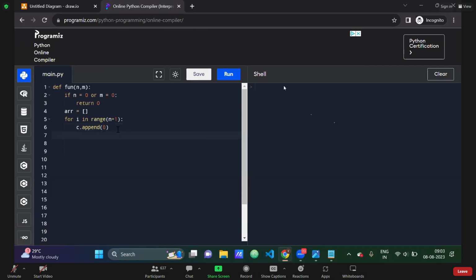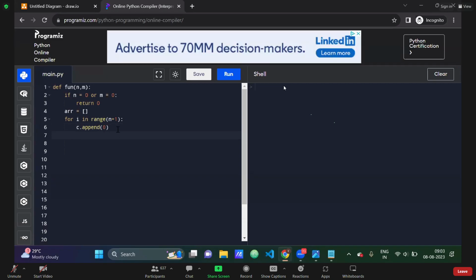I'm just appending zeros. Now, the first condition is if the height is 0, then the possibility is 0, right? So I'm setting c of 0 equal to 0. Actually, I think it is not required.